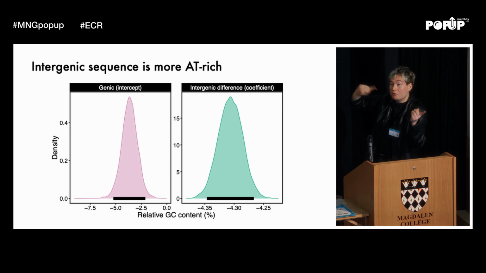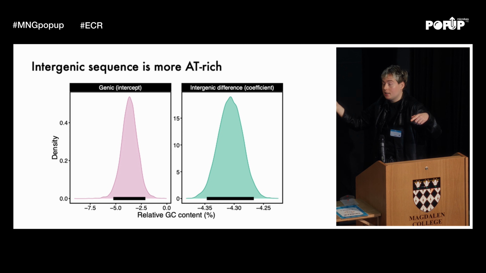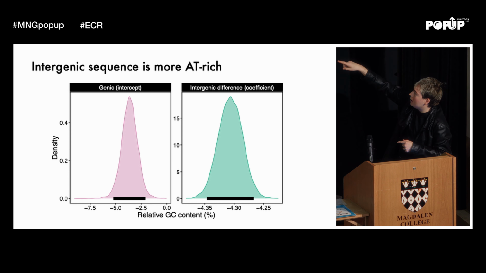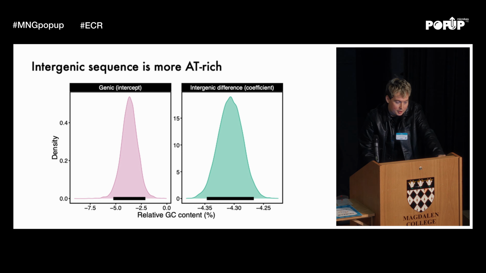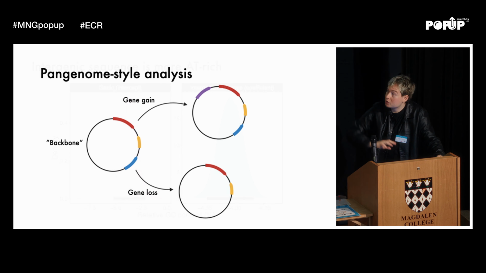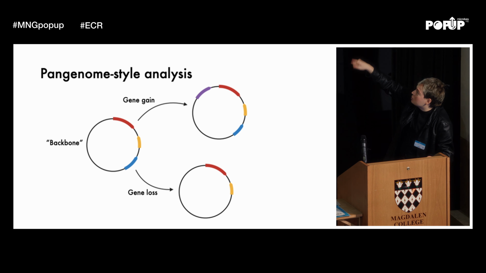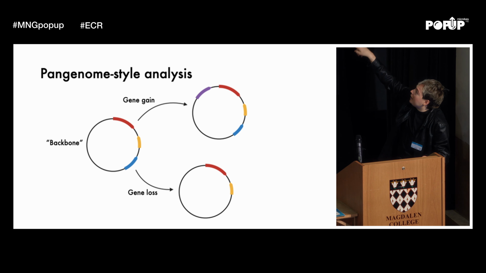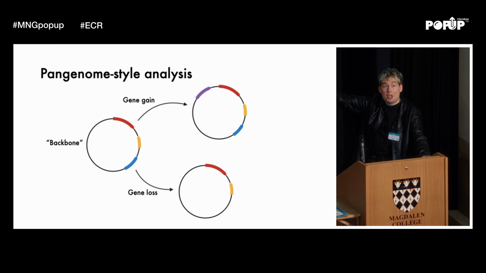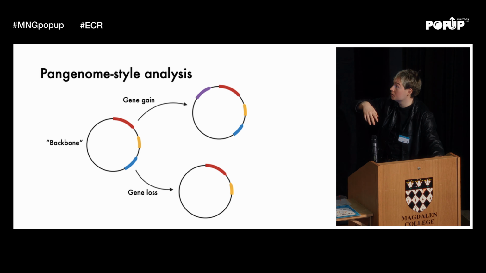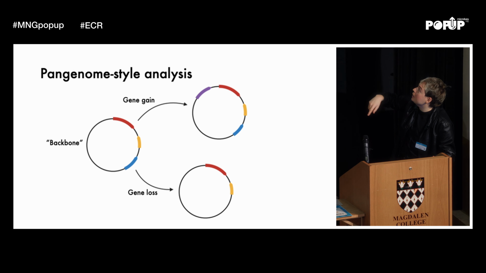So cool, okay, we've got this dichotomy between genes and intergenic sequence. The next question is, what's actually going on with the genes themselves, right? And so this comes back to those ideas from earlier about this plasmid backbone moving through the population. So if a plasmid lineage is successful, what we'd expect over time is those core genes, right, the ones involved in transfer, replication, maintenance, and so on, are going to increase in frequency, right?